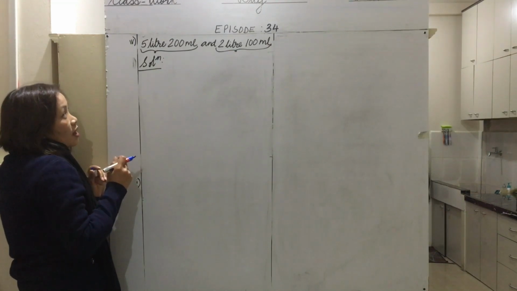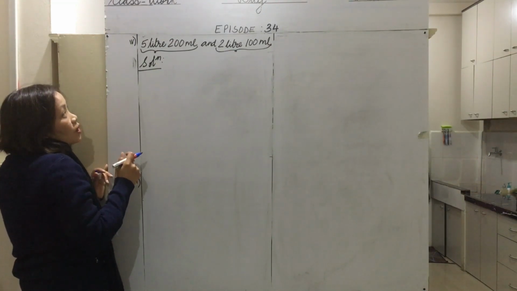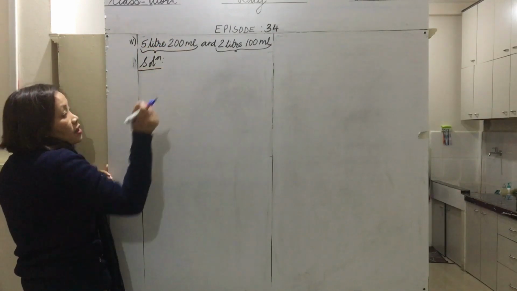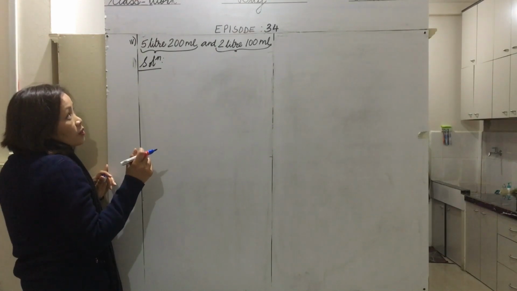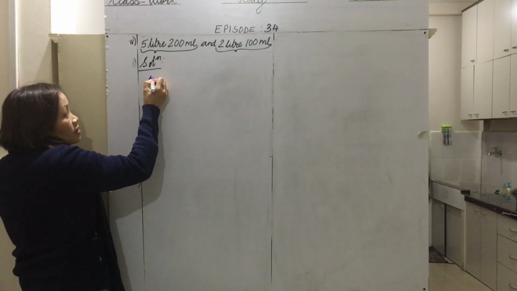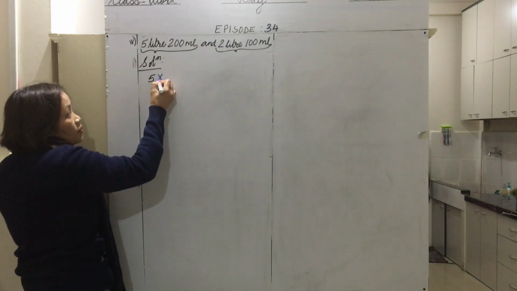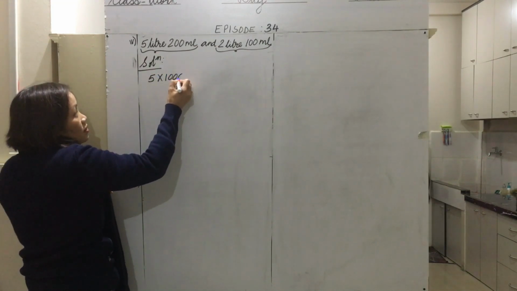So the 5 liter we have to convert. The relation between milliliter and liter is 1000. So this 5 liter will be multiplied by 1000, right?